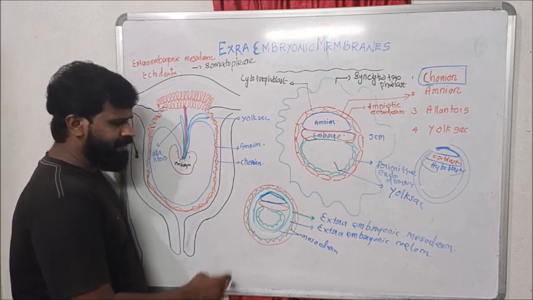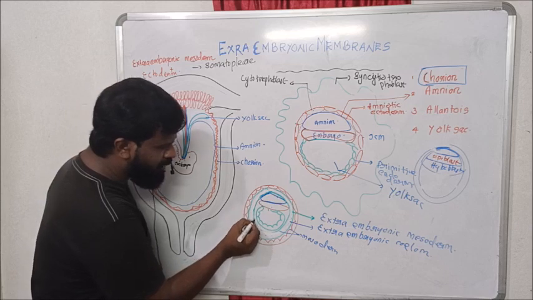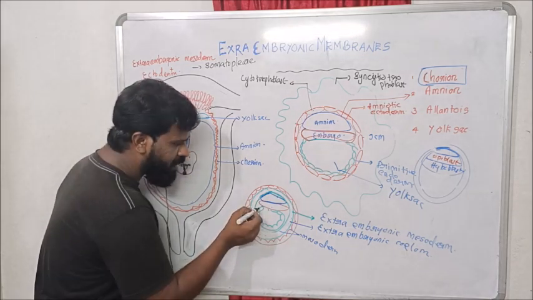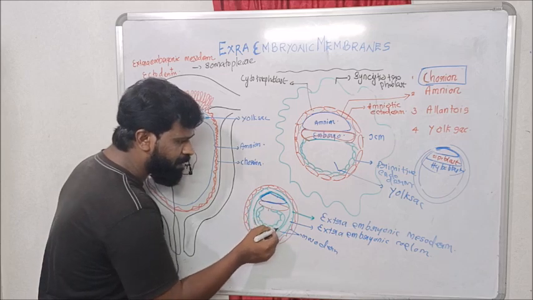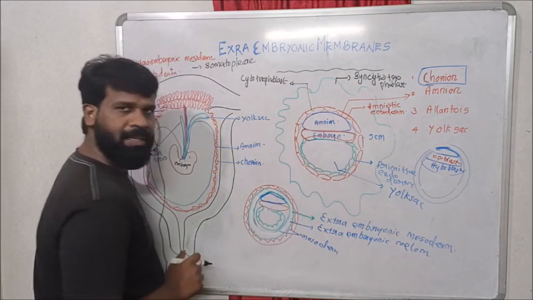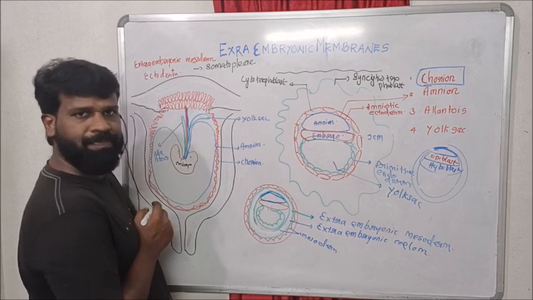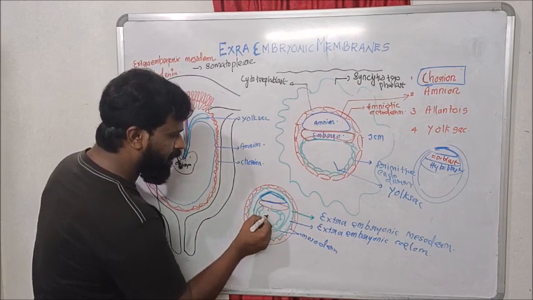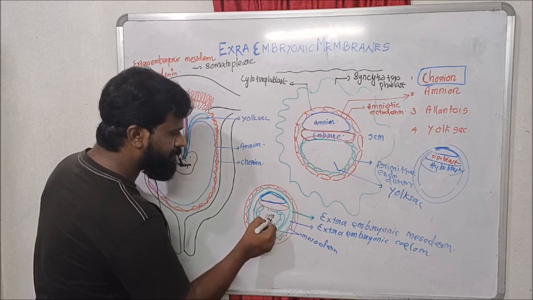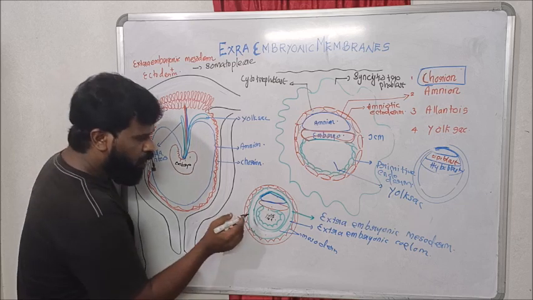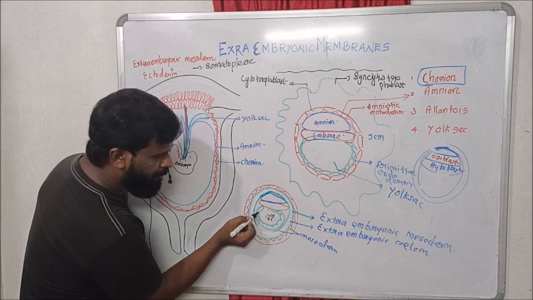Similarly, here, this is the extraembryonic mesoderm. This extraembryonic mesoderm covers the primitive endoderm. What is this region? This part is the yolk sac.